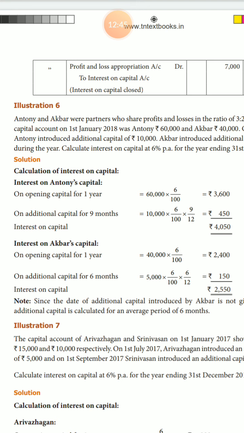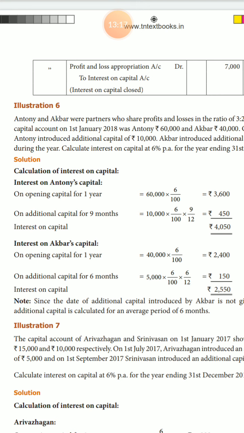Each and every sum where it is not mentioned, you automatically calculate only 6 months. If additional capital of 2 persons has month and year mentioned, you calculate that month.